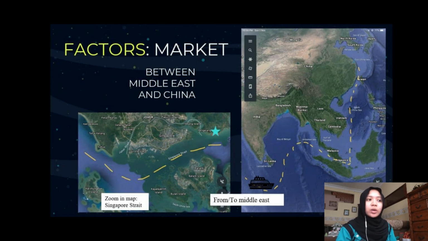So this is where the shipping route occurs from the Middle East to China. The ship will pass through the Singapore Strait, as shown in the small Google Map. It will pass through our jetty, which is Pengerang Marine Operation. So here they will pick up our product and market our product, that is the acetic acid.